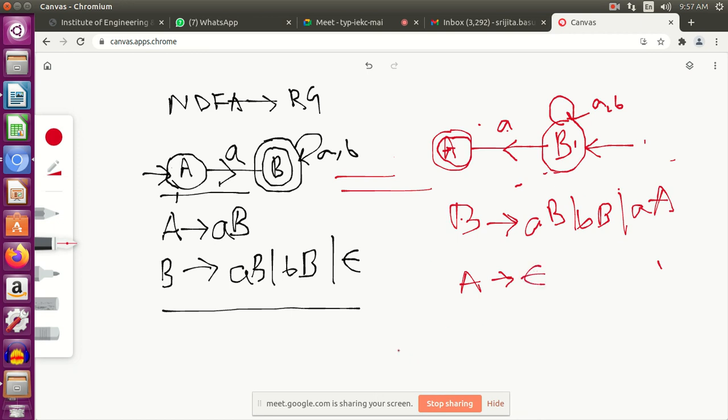Now once you are done with this, you have to reverse the grammar. So how do we reverse this grammar?